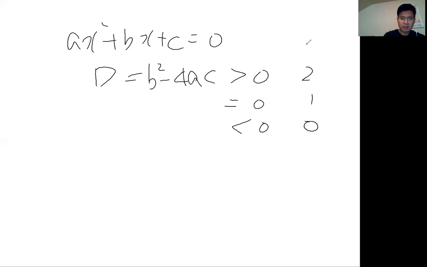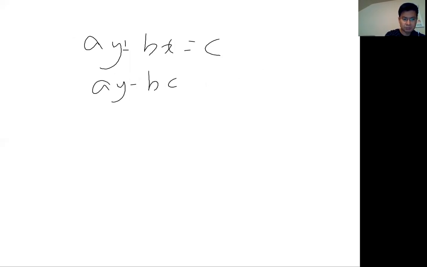Another one, for this particular question, is when you have two different lines, like ay minus bx equals c. What can we do with this? We have to figure out the relationship between these two.